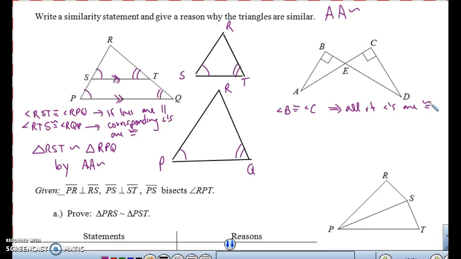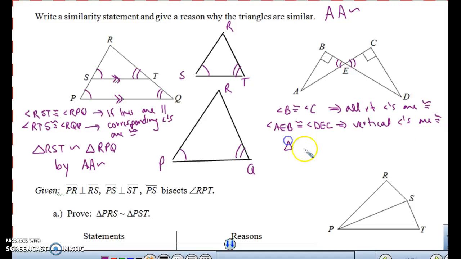Now, where are my other pair of angles going to come from? Well, I have a pair here, and I have a pair there. What kind of angles are those? Angle AEB is congruent to angle DEC because those are vertical angles. Vertical angles are congruent.